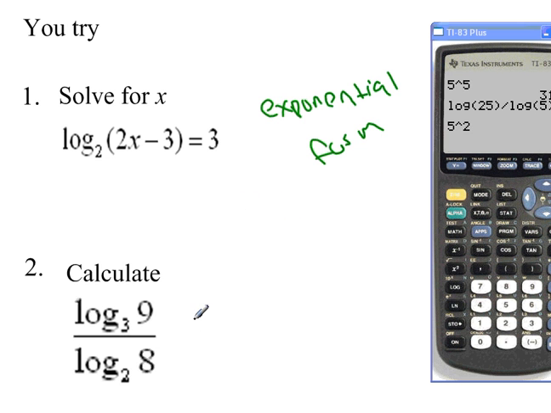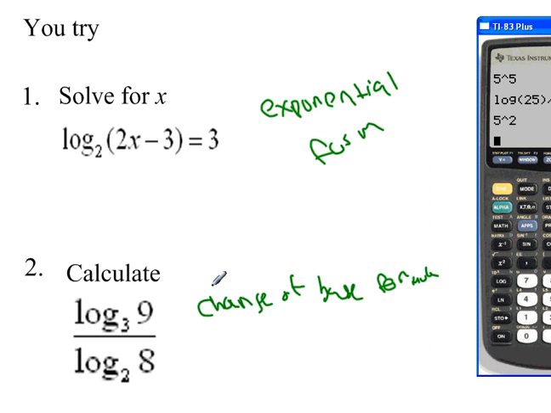For number 2, here's what I would do. I would take the numerator and use the change of base formula for the numerator, and I would also use the change of base formula for the denominator. Whoops, I meant to write change of base formula there.